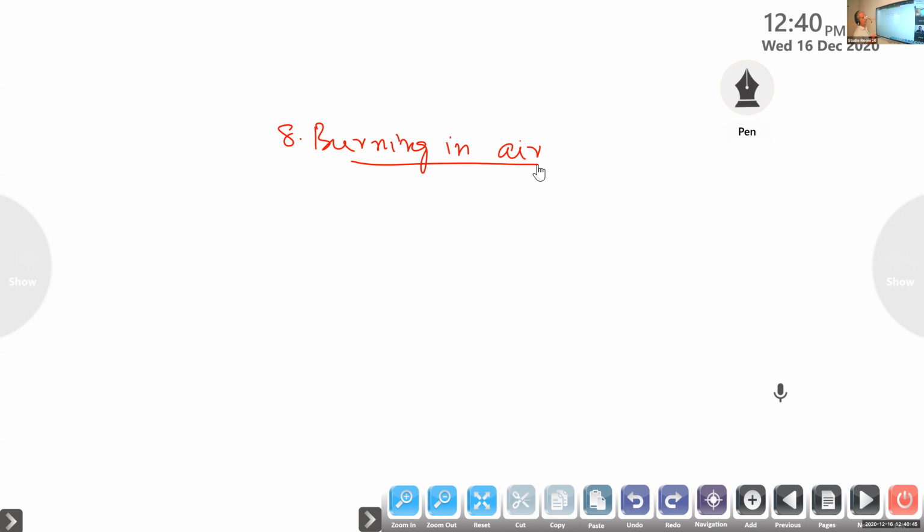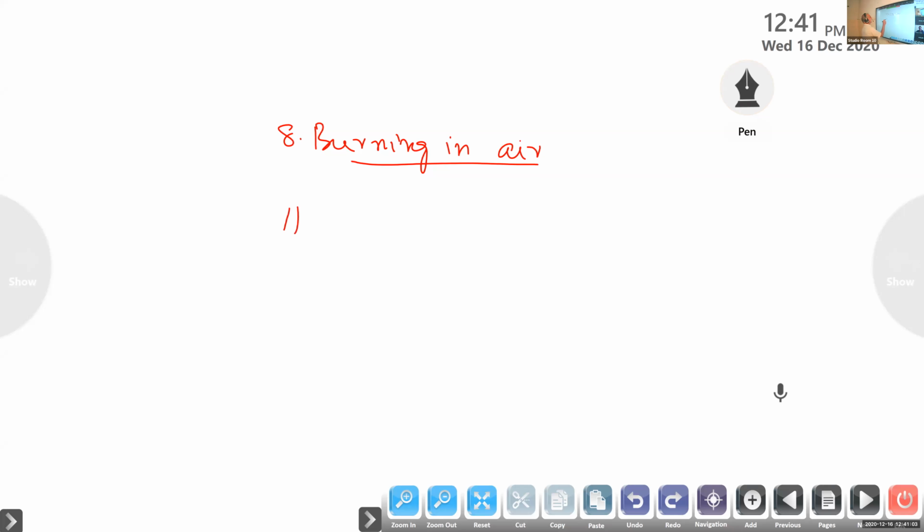You have studied that it is magnesium oxide. Remember, in the 10th you studied magnesium oxide only, but it's not only magnesium oxide, there will be magnesium nitride also.